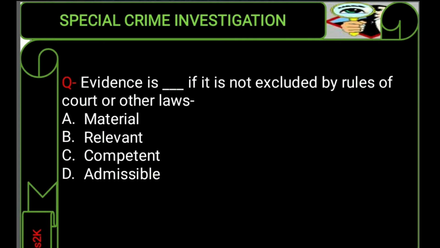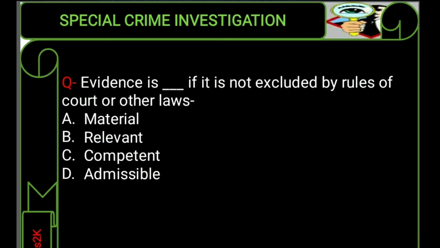Evidence is blank if it is not excluded by rules of court or other laws. Letter A, material. B, relevant. C, competent. D, admissible. In the previous video, we discussed evidence and the types of evidence.